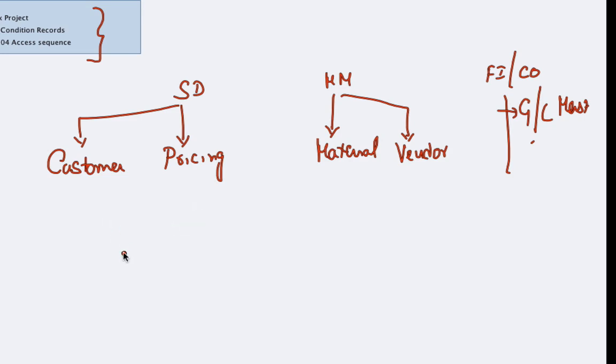A project in this case could be, say, sales. So sales is a project, or SD is a project, MM is a project, FICO could be a project. All projects under SD could include sub-projects like customer, like pricing, and sub-projects under MM could be material master or vendor master.